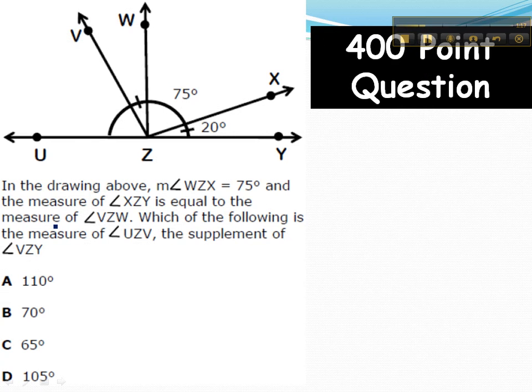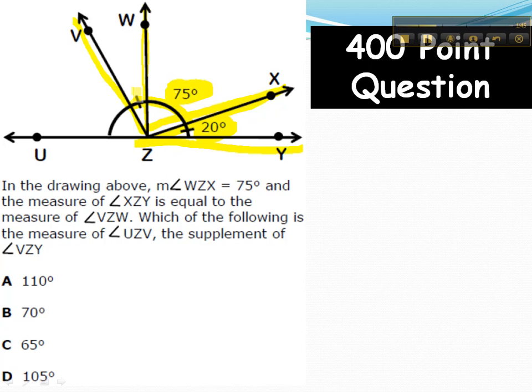The next question. In the drawing above, measure of angle, I'm going to get a highlighter for this. Measure of angle WZX, so they're talking about this angle, is 75 degrees. We know that because it's labeled also. And the measure of XZY, so from X to Z to Y, that's this little acute angle, this 20-degree angle, is equal to the measure of VZW.